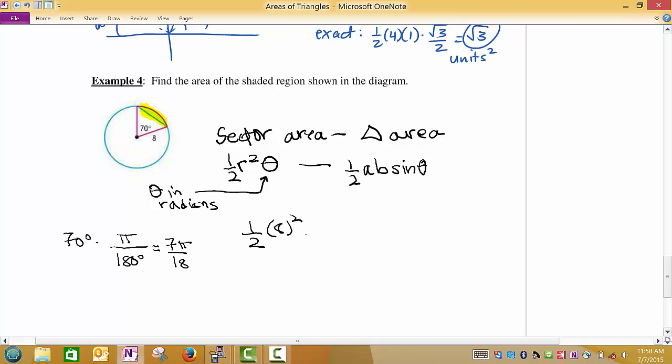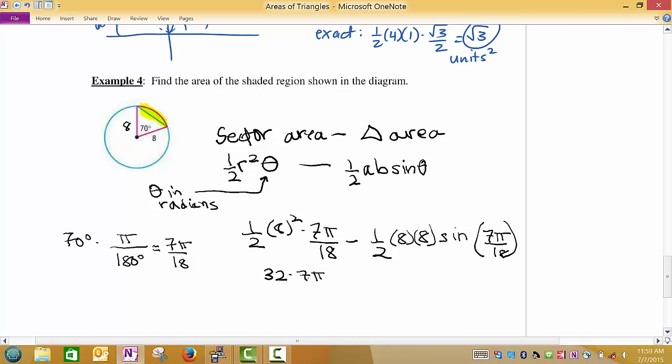So 8 squared times 7 pi over 18 minus 1/2 times A times B. A and B would both be 8, the two sides of that angle at 70 degrees. So we'd have 1/2 times 8 again, times sine of 7 pi over 18. So that would be the exact, so half of 64, that would be 32 times 7 pi over 18 minus 32 times sine 7 pi over 18.